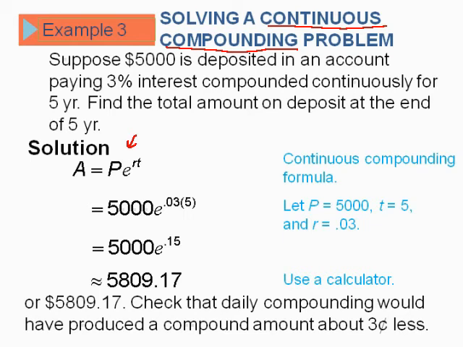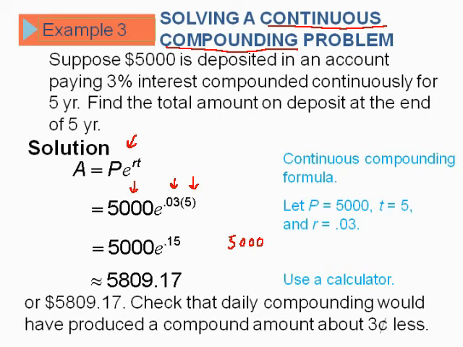So all we're doing here is plugging in 5,000 e to the 0.03 times 5 for 5 years. And here's how I would enter this on your calculator. I would go 5,000.